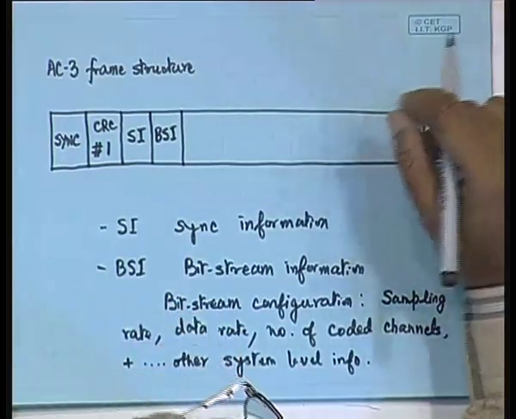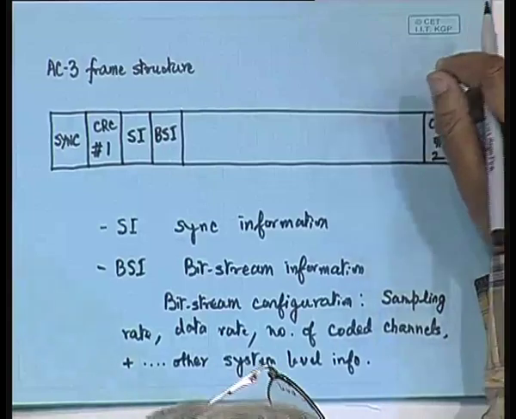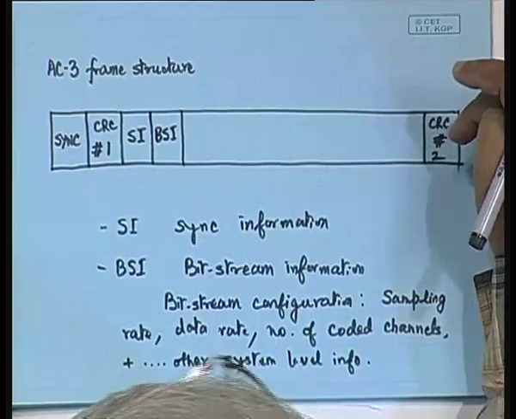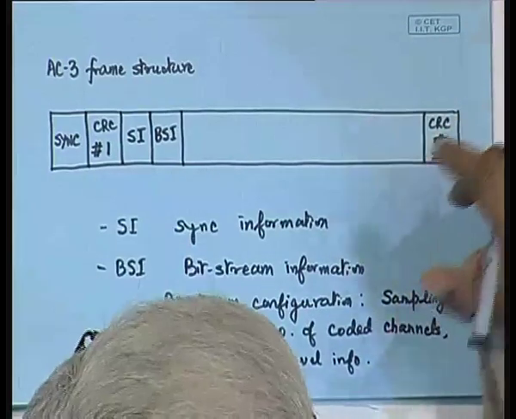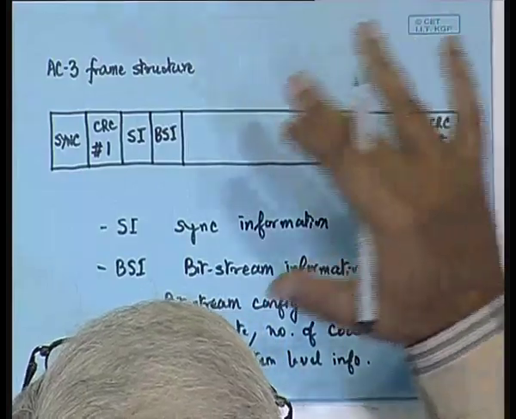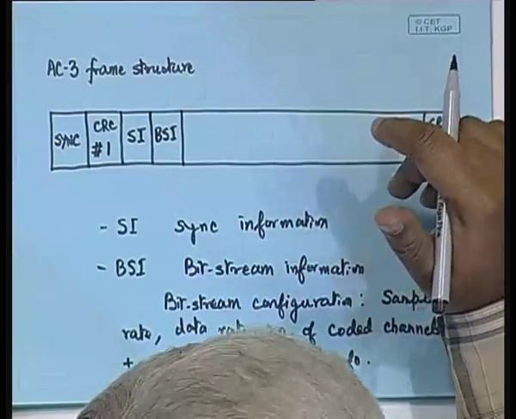So, you can say that these are sort of header information to the AC3 frame structure. Now, followed by the SI and the BSI, we have the actual audio blocks. And this standard basically accommodates up to 6 audio blocks in a channel.